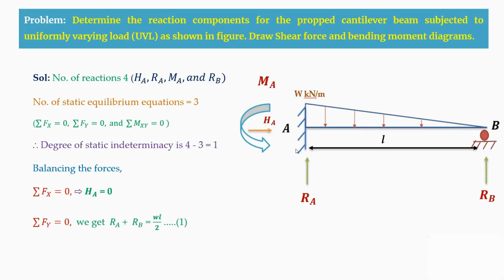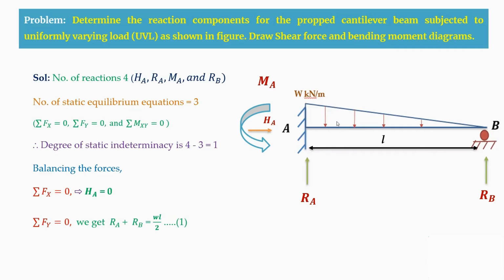In a similar way, sigma Fy equal to 0. That means the total external load coming onto the beam will be equal to the opposing reactions at A and B supports, that is RA and RB. Since it is a uniformly varying load, the total load will be equal to the area of this triangular pattern.